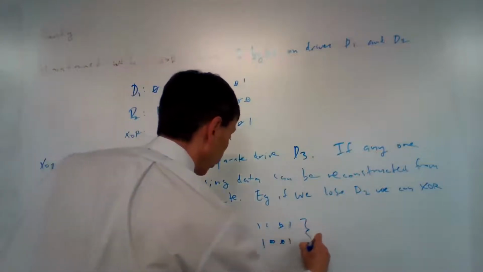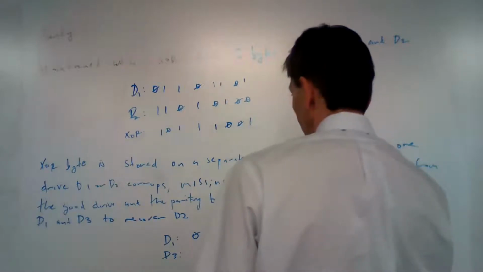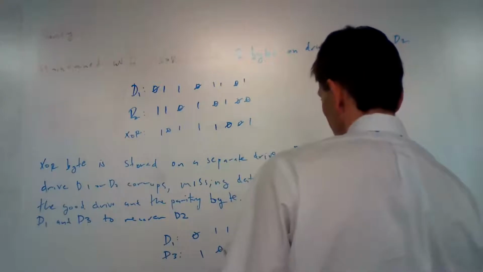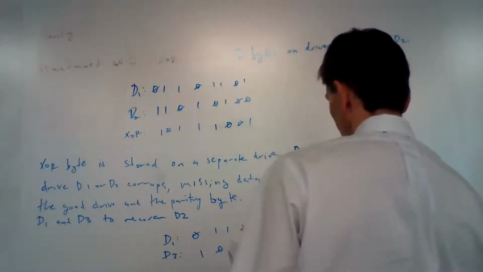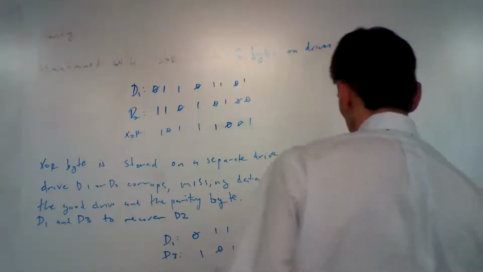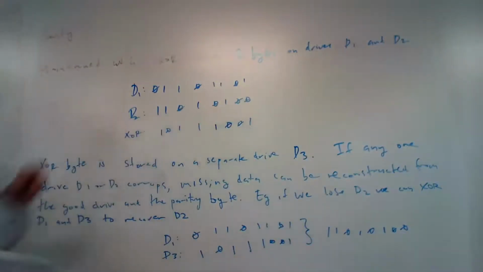And if you exclusive OR these two, you're going to get 1, 1, 0, 1, 0, 1, 0, 0. And 1, 1, 0, 1, 0, 1, 0, 0 is D2, right?